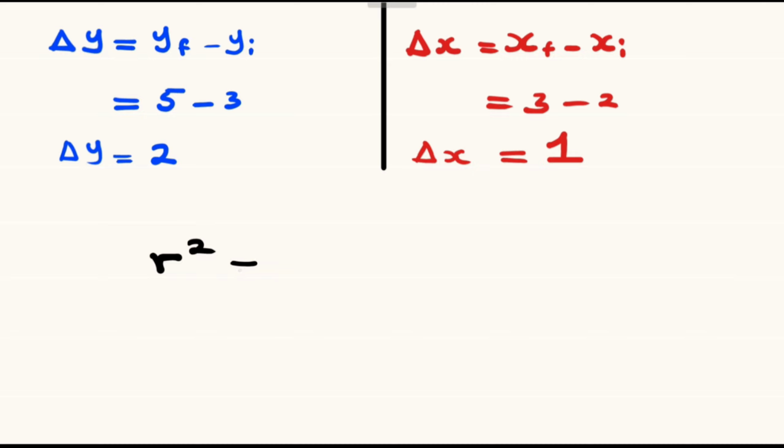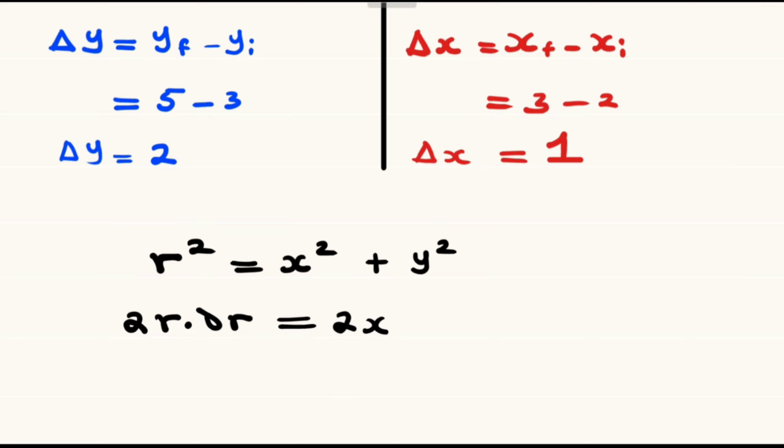So we have r squared is equal to x squared plus y squared. We differentiate partially, so the partial derivative of r squared will be equal to 2r multiplied by the partial derivative of r, and the partial derivative of x squared will be 2x multiplied by the partial of x, plus the partial derivative of y squared will be 2y multiplied by the partial derivative of y.